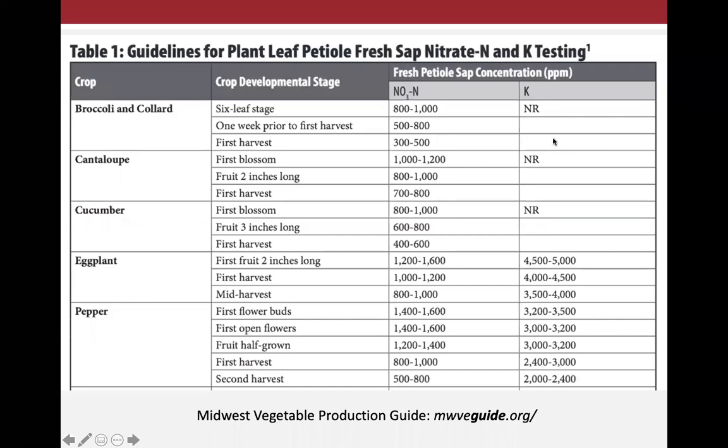Some of these say ENR, I don't know if that means that there's not good ranges established yet, or that they just don't believe that it's particularly an issue, potassium, say with broccoli or collards, or it's just not a useful guide, for example. So these things kind of exist.